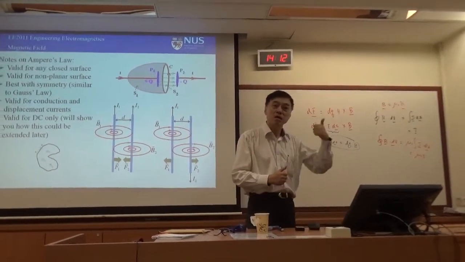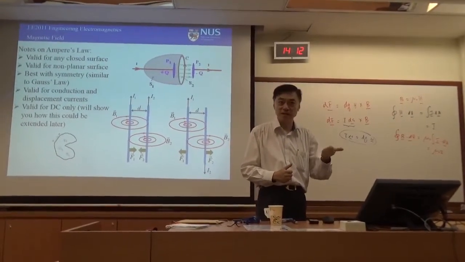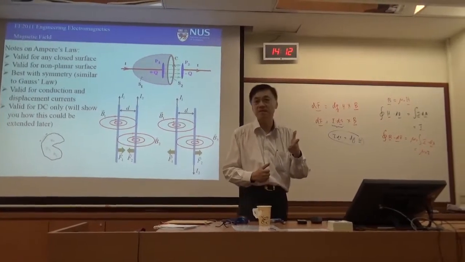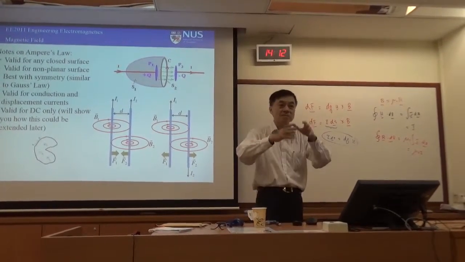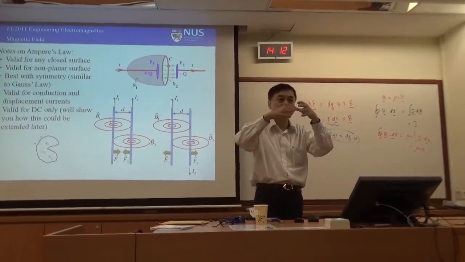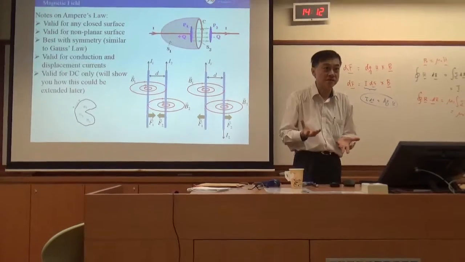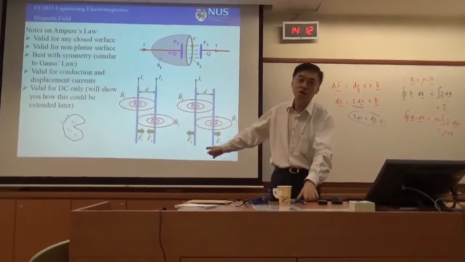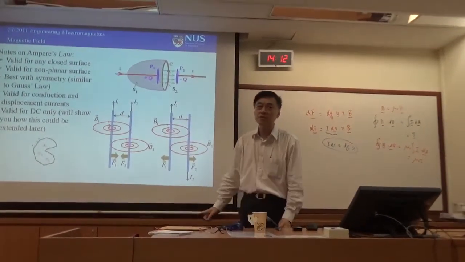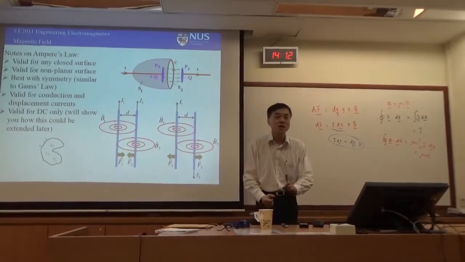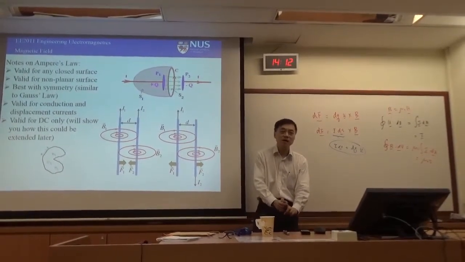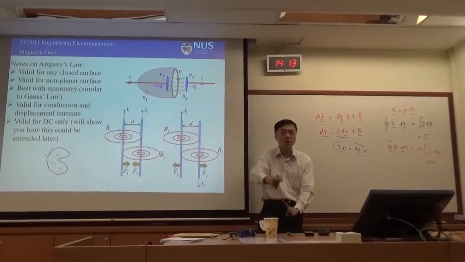Now, for Gauss' law, there are several scenarios. The surface can be a rectangular surface, a cylindrical surface, or a spherical surface. But Ampere's law is more straightforward, because the only symmetry that you have is when the current is a long straight wire.